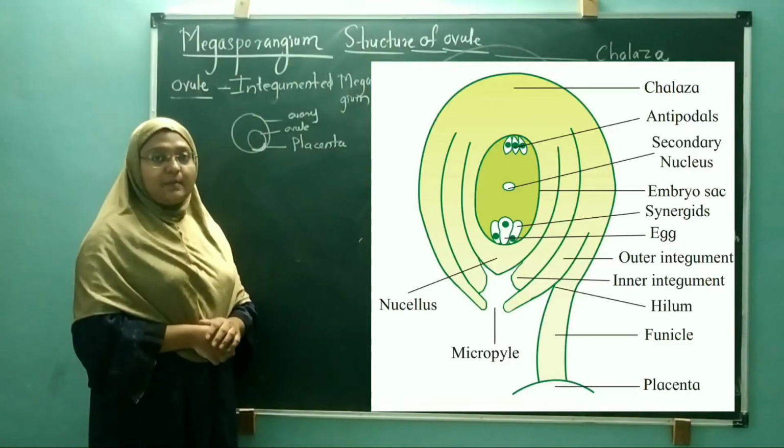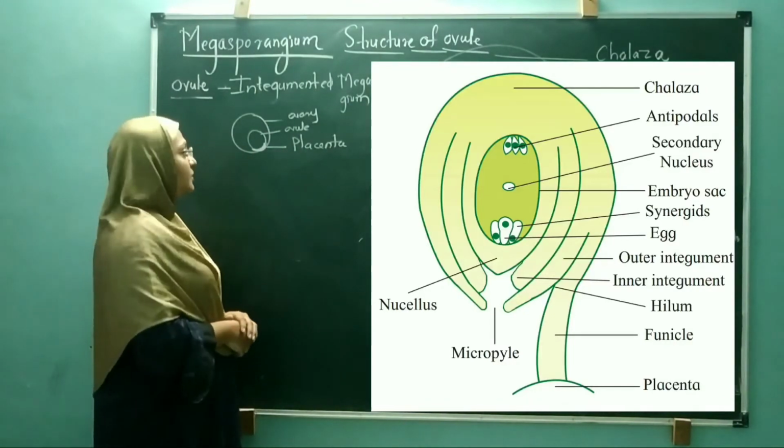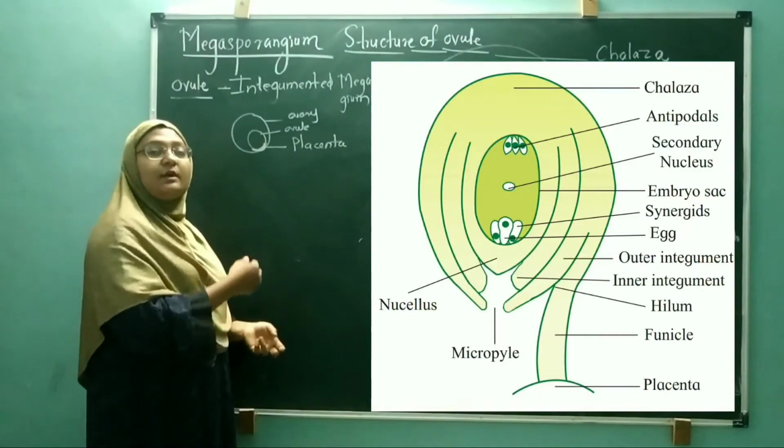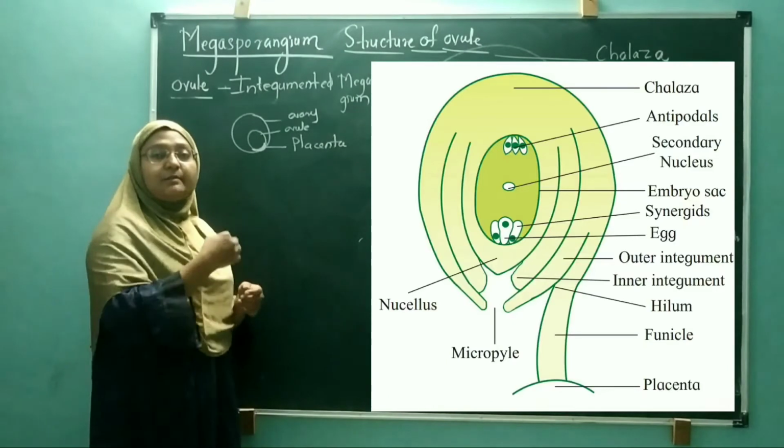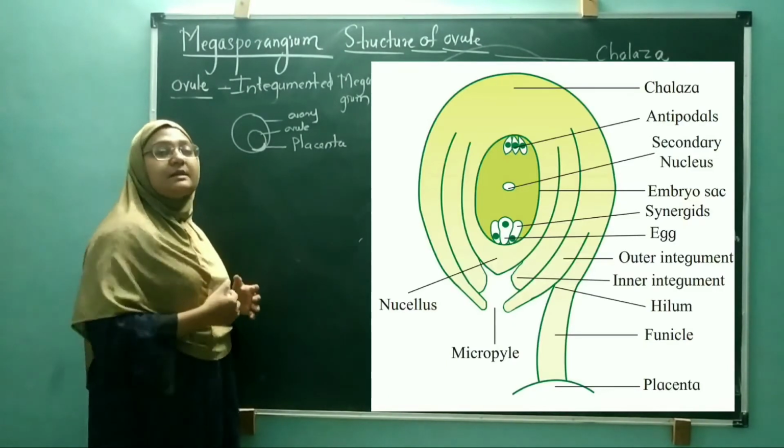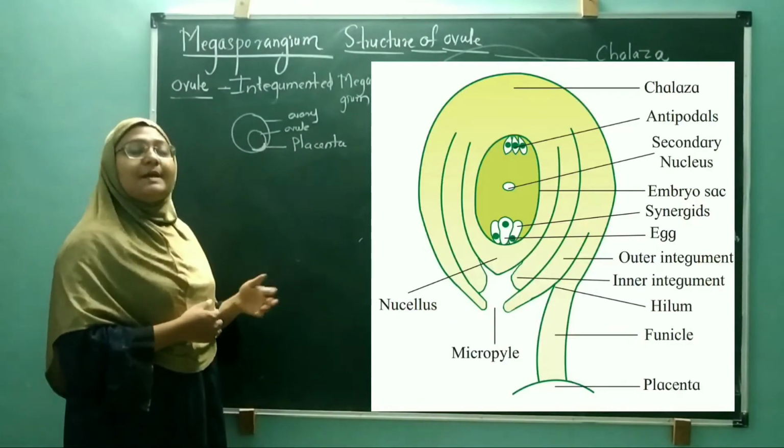We have discussed the position of the ovules inside the ovary, which is called placentation. We have seen axial placentation, basal placentation, marginal placentation and parietal placentation.